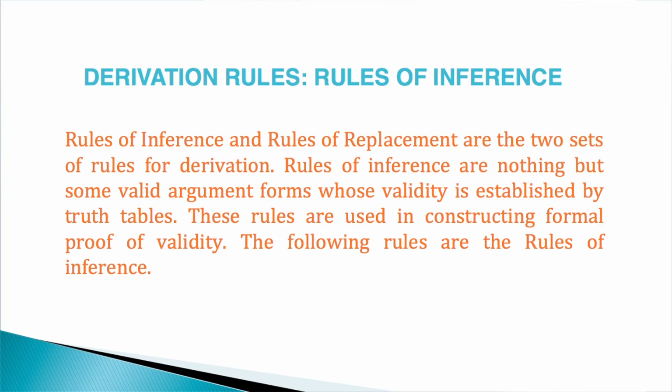Rules of inference and rules of replacement are the two sets of rules for derivation, for deducing the conclusion. Rules of inference are nothing but some valid argument forms whose validity is established by truth tables. So these rules are used in constructing formal proof of validity too. The following rules are the rules of inference.